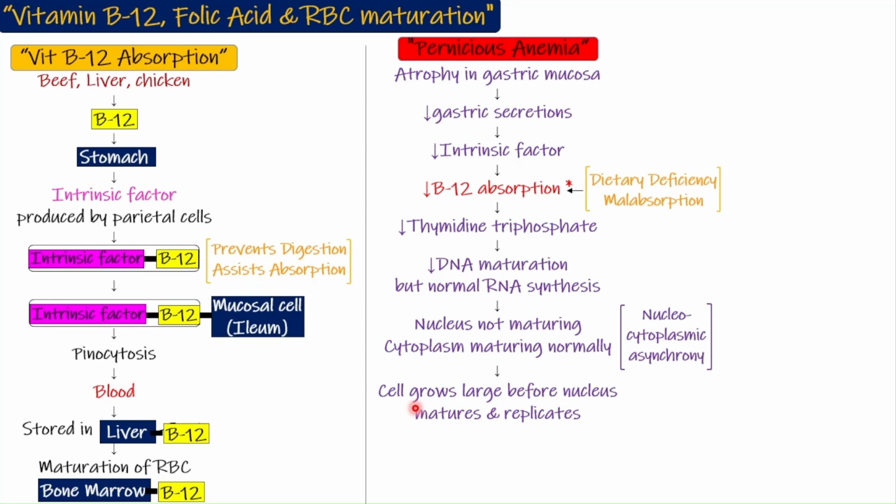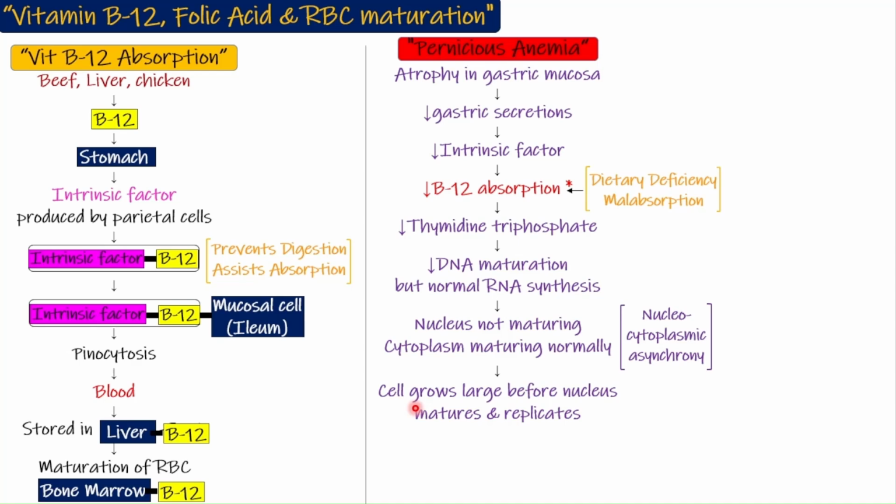Now, in this case, the nucleus is not growing, or to be precise, the DNA inside the nucleus is not maturing, and if the DNA is not maturing, then the cell replication will be delayed. So the cell replication is delayed, but the cytoplasm is continuously growing. So in this case, there will be a relatively smaller nucleus, but a very large sized cell.